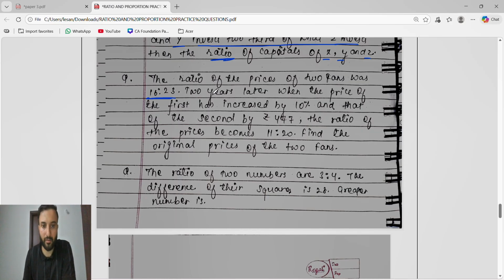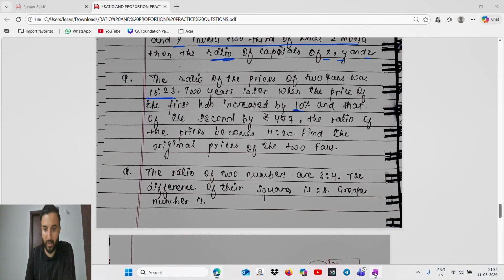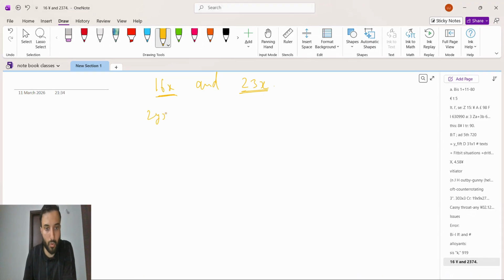2 years later, the price of the first has increased by 10%. So 2 years later, what happened to the price of the first fan?